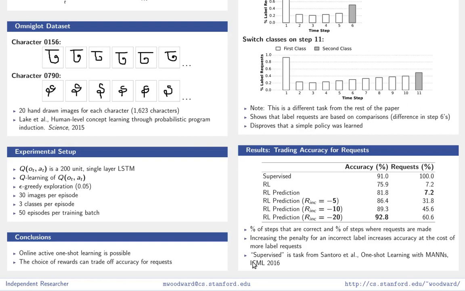Another way is to look at how much your classifier is going to change. Maybe the weights of your classifier, depending on which label you received for that example, might change a lot or a little, and if they change a lot, then maybe I would like to actually see that label. But both of those are heuristics. It's difficult to set what the threshold would be there.